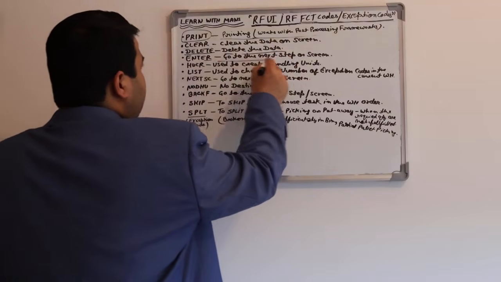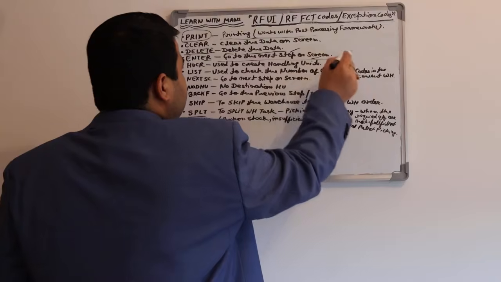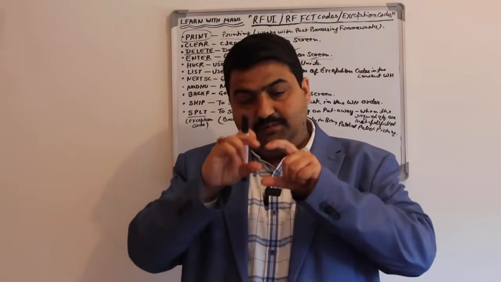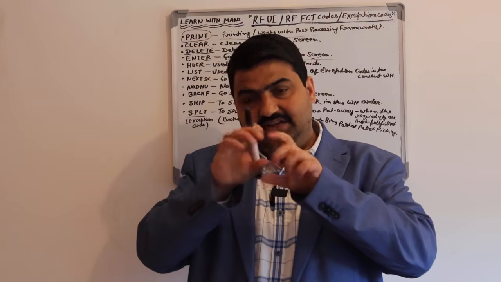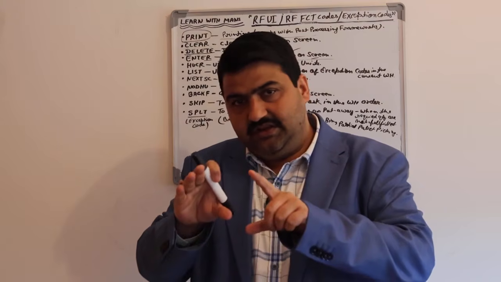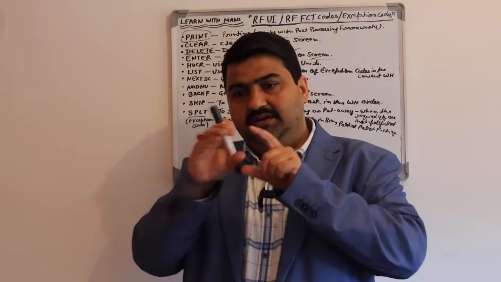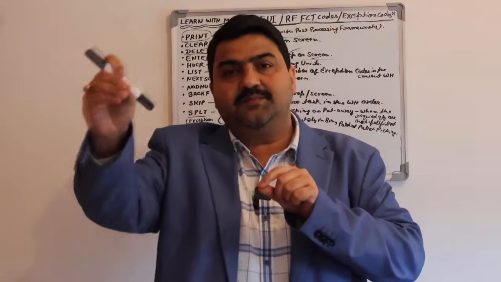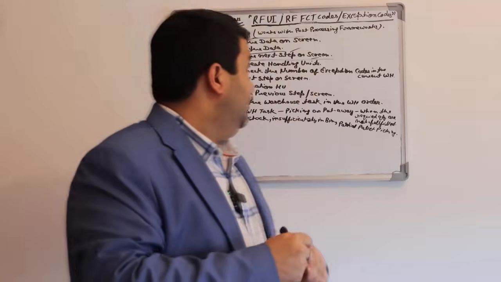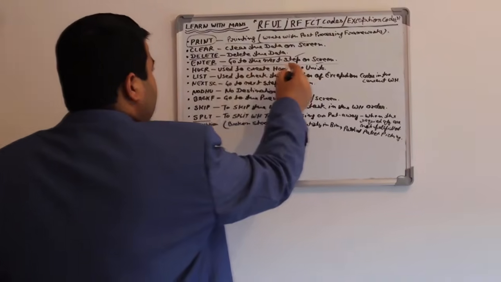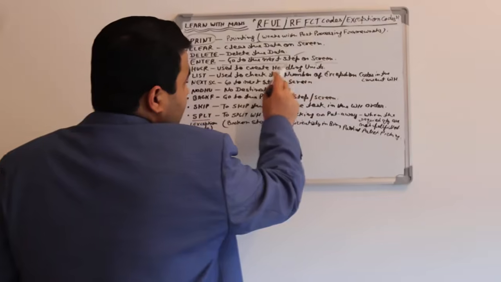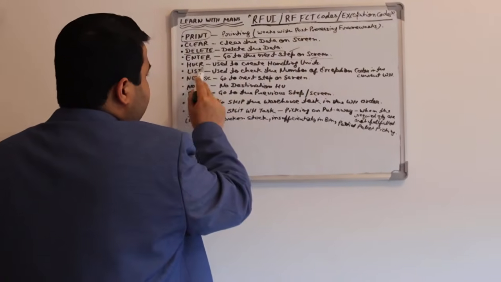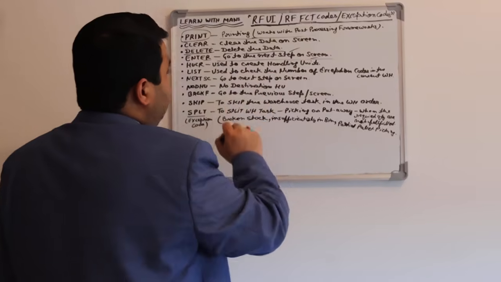ENTER we use to go to the next step on screen. Whenever we click on one particular RF screen, the next screen comes into the picture and the present screen is hidden. Next screen, next screen, these are the steps we call. So ENTER means go to the next step or screen. HUCR is used to create the handling unit.